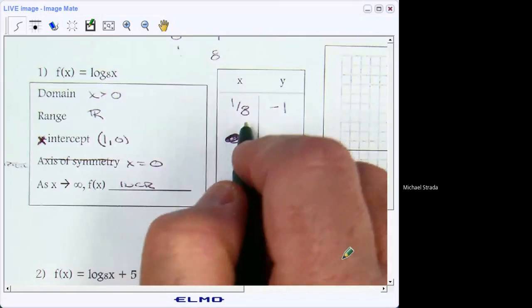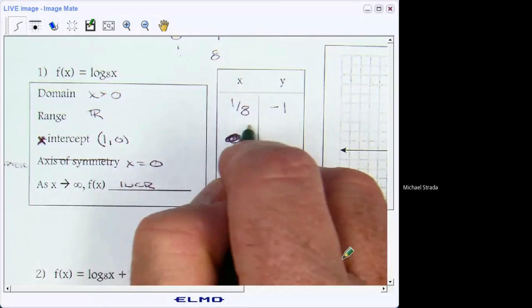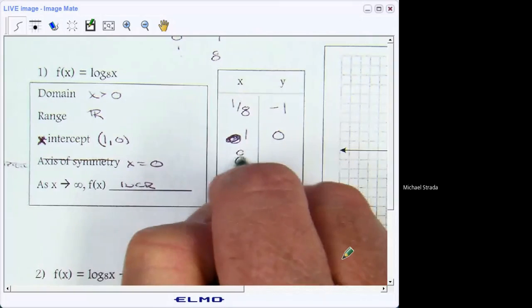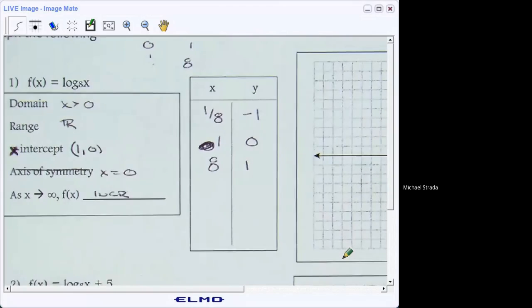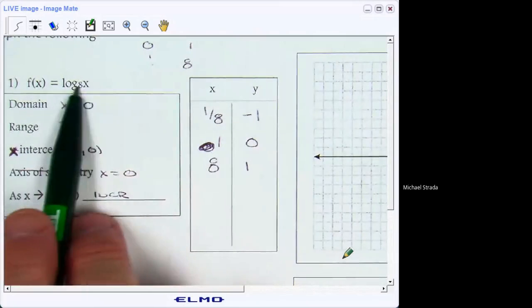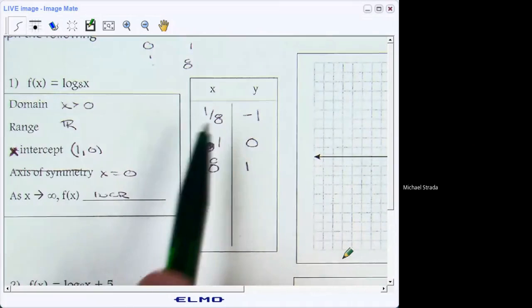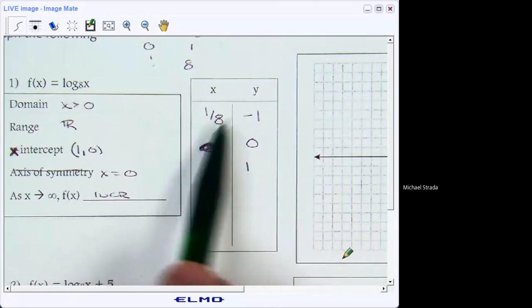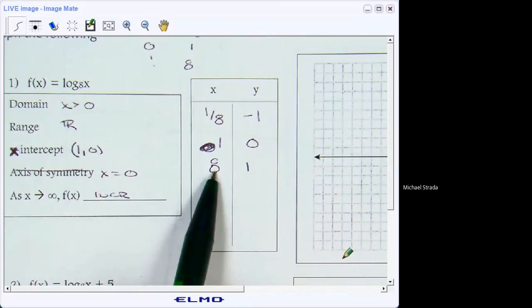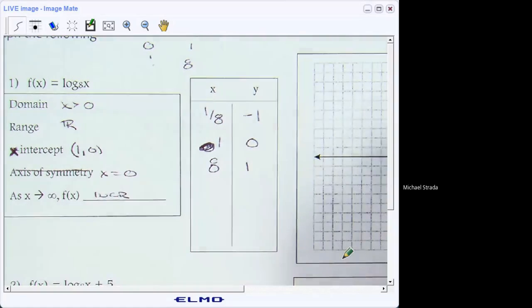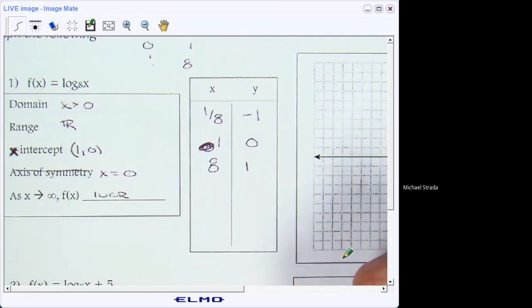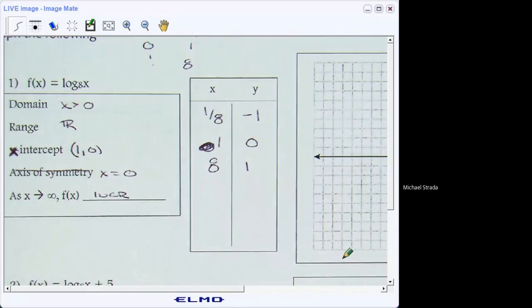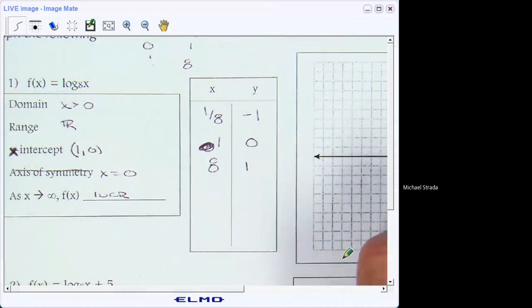So we flip those: (1/8, -1), (1, 0), (8, 1). When there's nothing else being added or subtracted, just so you know, this is 1 over the base, that's 1, and that's the base. And then that's the -1, 0, 1. So the (1/8, -1), just like the last one we did. All right, (1, 0), and then (8, 1).